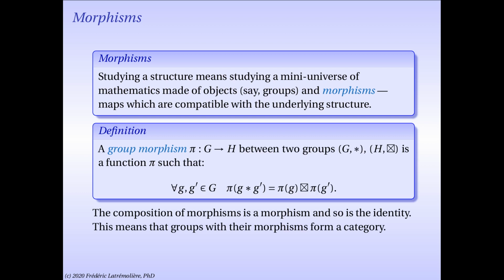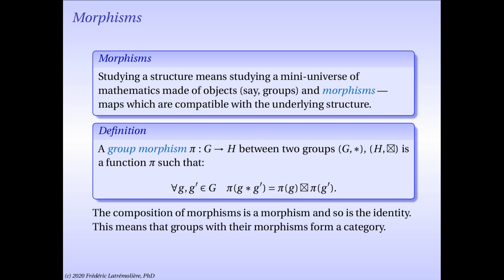A group morphism from a group G to a group H is a function from G to H, which intertwines the operation on G and the operation on H. Formally, let's call the operation on G star and the operation on H box time. Then pi is a morphism if it's a function from G to H such that for all g and g prime in the group G, if you apply pi to g star g prime, you get the same result as if you apply box time to pi of g and pi of g prime, in that order.